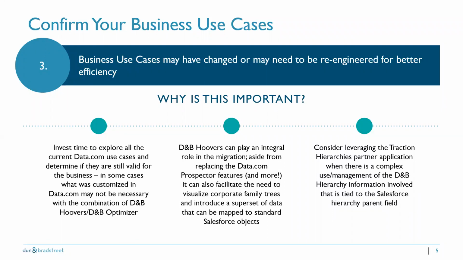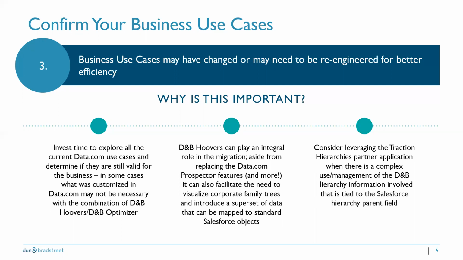And the reason why we encourage customers to think about Traction hierarchies is because their tool is very good at some more complex use cases and management of the D&B hierarchies. In addition to being able to view it, they allow custom hierarchies. They actually populate the parent relationship field inside of Salesforce, and that's where they maintain the hierarchies and allow you to have different roll-ups associated with that, in addition to your own custom views.